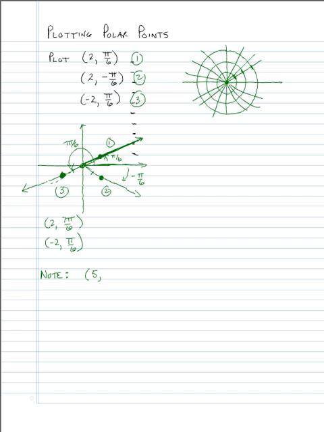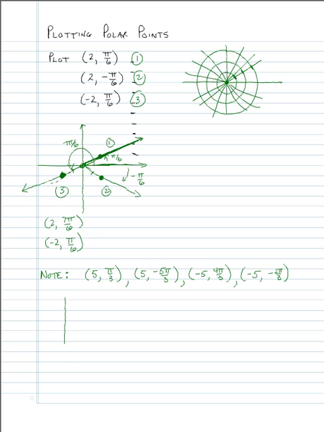The point 5 comma pi over 3, and the point 5 comma negative 5 pi over 3, and the point negative 5 comma 4 pi over 3, and the point negative 5 comma negative 2 pi over 3 all put us in the same location. Every one of them is in the same location.